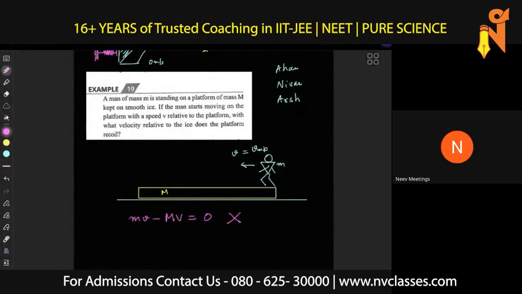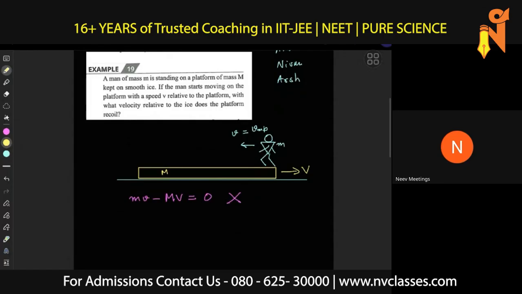When the speed of the man is with respect to the boat, as soon as the man starts walking, the platform has got a certain velocity. Say capital V is the velocity of the platform. So what is the velocity of the man? Say in your head a number. Say the platform is going back with 1 meter per second, and the man with respect to the platform is going with 3 meters per second. With respect to somebody observing from outside, what is he seeing?